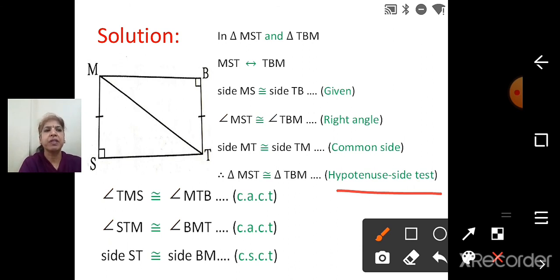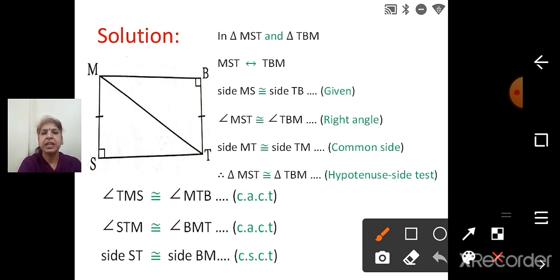After writing the test, what do we have to write? We have to write the remaining congruent parts. One angle is already taken, so two angles remain. Angle TMS, this is the angle at M, is congruent to angle MTB. Always keep in mind, children, M corresponds to T. The reason is CACT, the full form of which we have seen: corresponding angles of congruent triangles.